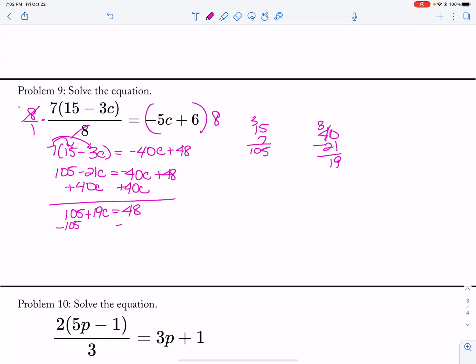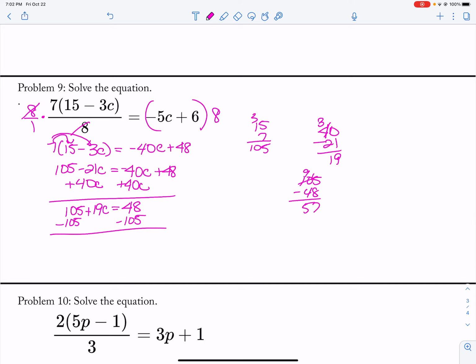Now remember, 105 is the bigger number and it's negative. So if I take 105 minus 48, that's 57. The 105 is bigger and it's negative, so that makes it negative 57 is equal to 19c.